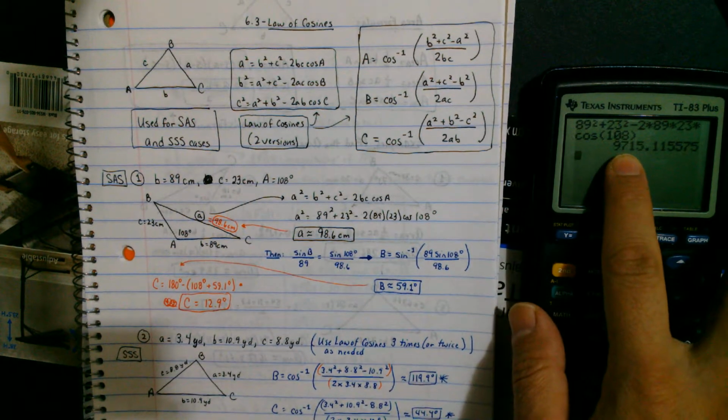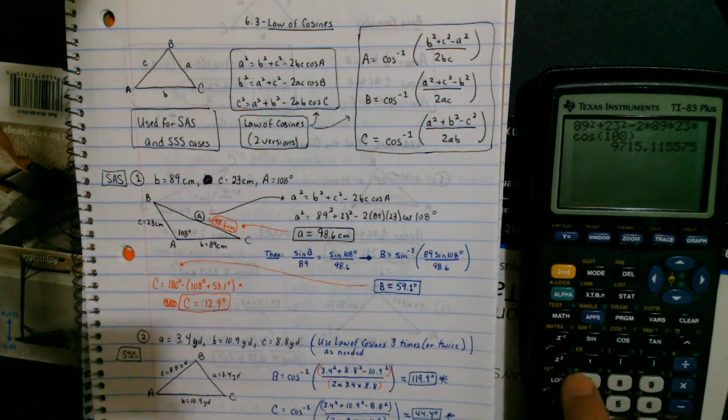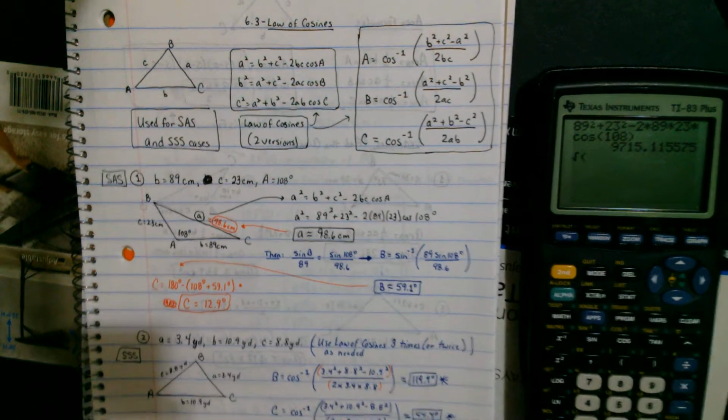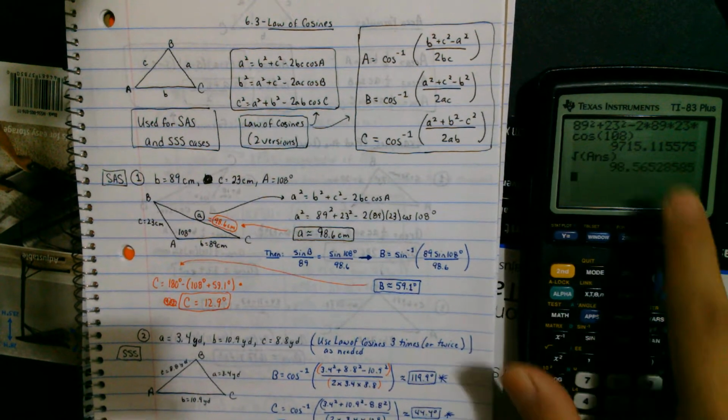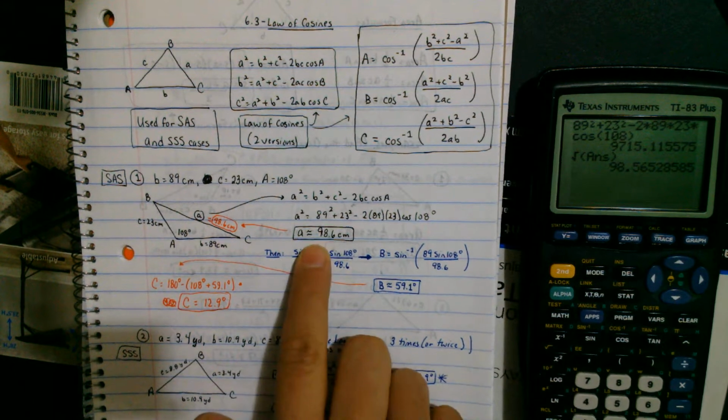This is A squared. To solve for A, I would take the square root of my answer, which is 98.6.